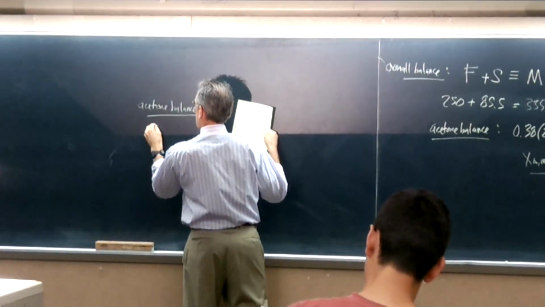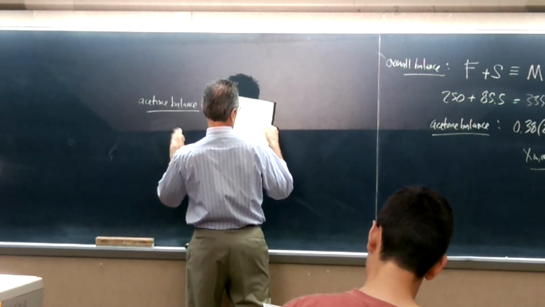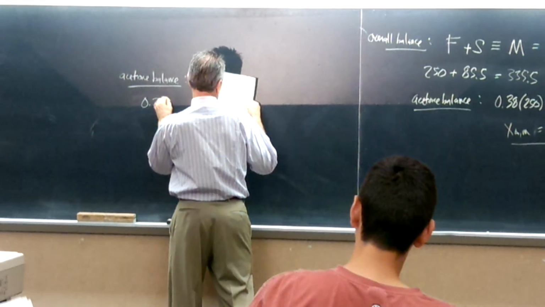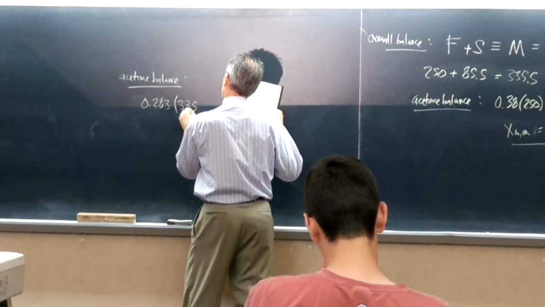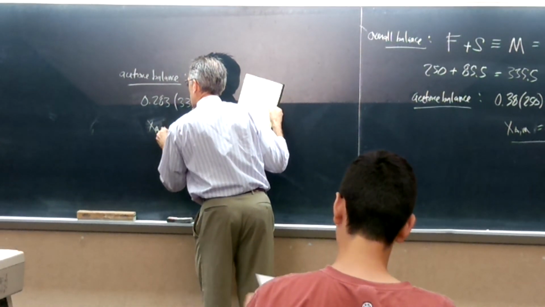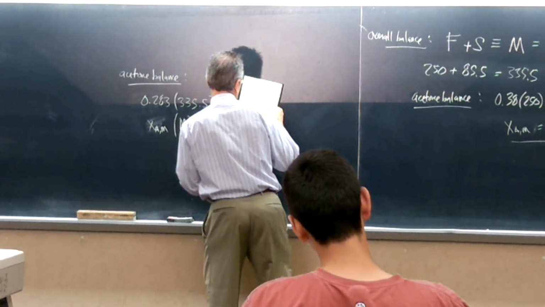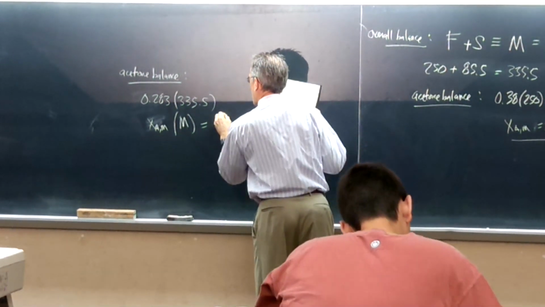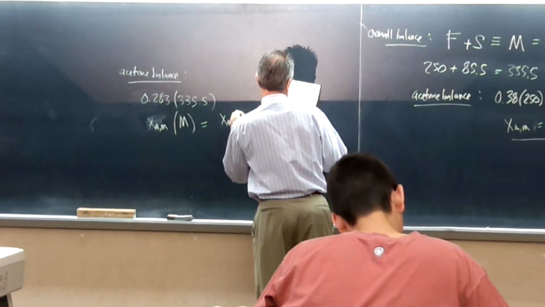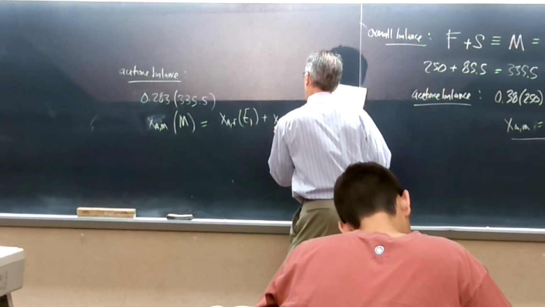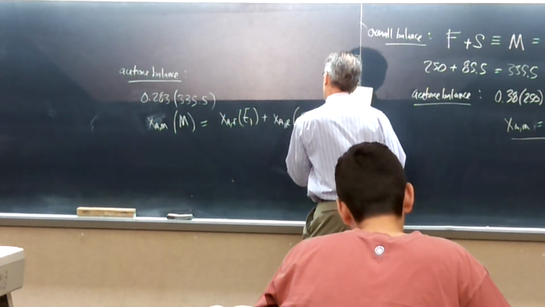We have 0.283 times 335.5, the mass M, is equal to XAE times E1 plus XAR times Rn.